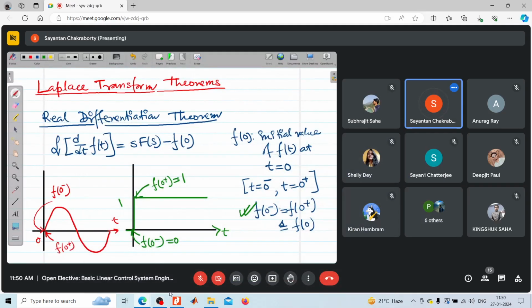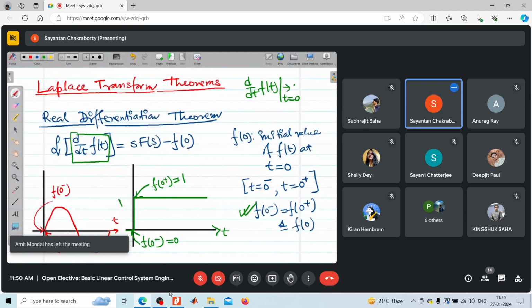in such cases what will happen: this function, this df/dt, if we calculate that at t equal to 0, what will the function be? It will be an impulse function, right? And therefore you cannot write f(0 plus) equal to f(0 minus).